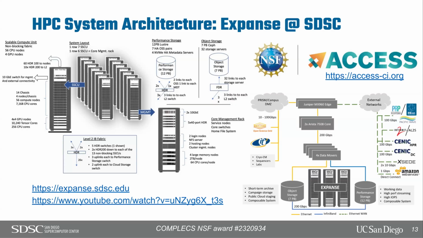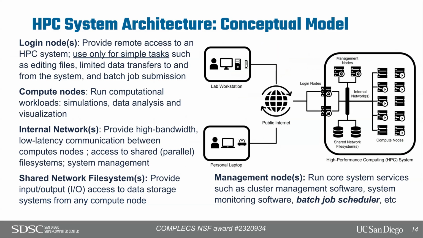But we like to use this conceptual model of the things that are going on in an HPC-like system, where you have login nodes, which are your front door into the system. There are management nodes that actually run the HPC system and manage the compute nodes where you run your workloads. There are the different file systems that you interact with.